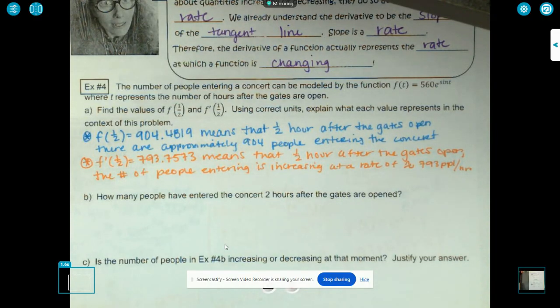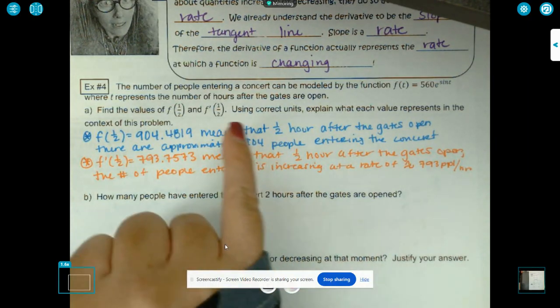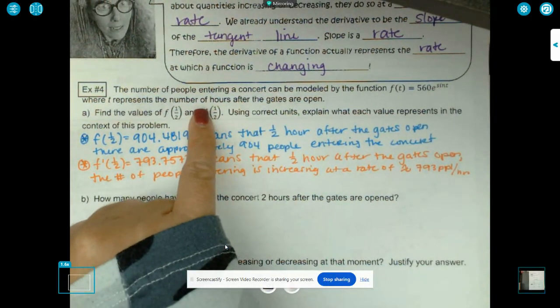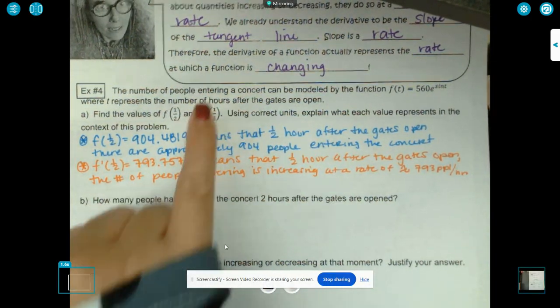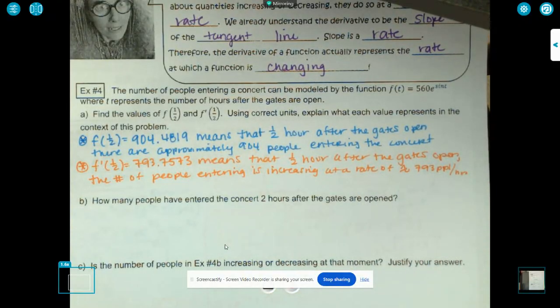How many people have entered the concert 2 hours after the gates have opened? So which one do we plug that into? Wait, John, what I do? How come it would be 793 people per hour? Per hour, not per half hour, is that your question? Well, the thing is based on hours. The function itself is the number of hours after the gates open. So this is going to be the people per hour in general, the rate in which they're entering, not the number of people.